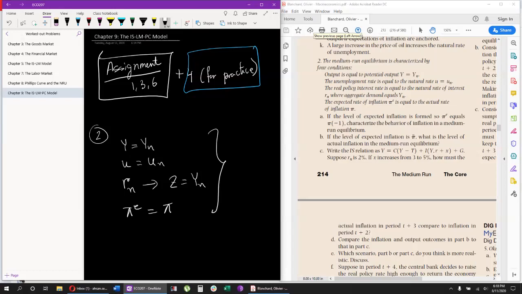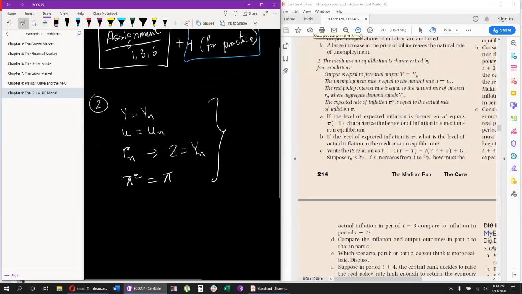So we've already discussed this in the chapter and why they hold.